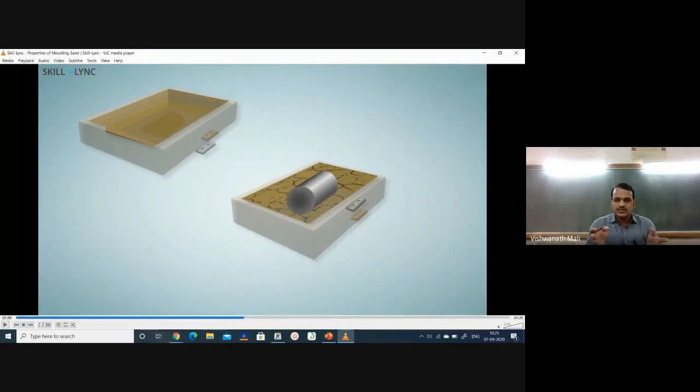It loses whatever bonding is there, that is cohesiveness. It loses the cohesiveness because it gets completely dry, and it becomes tough as compared to the green sand. As it becomes tough, it gets cracked due to the excessive temperature.